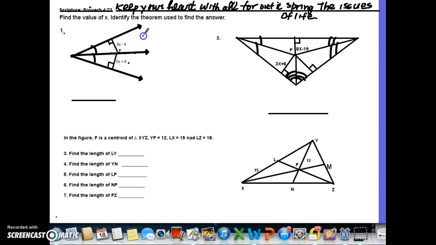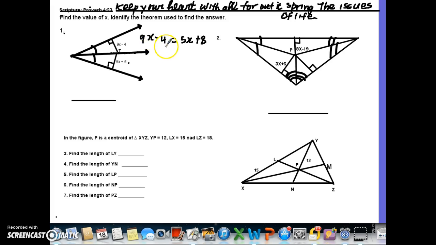So therefore, 9x minus 4 will have to be equal to 5x plus 8. Okay? And this is some good algebra for you.